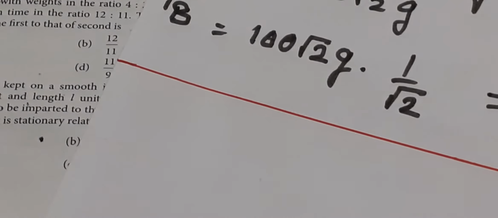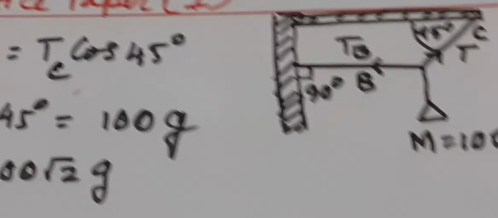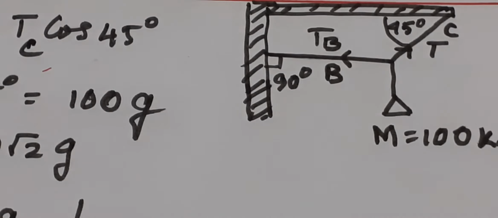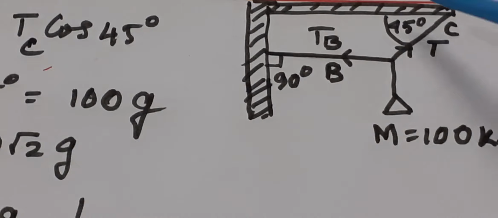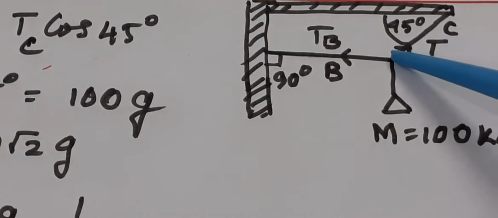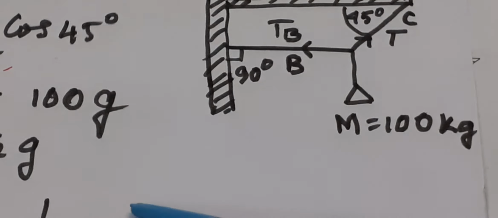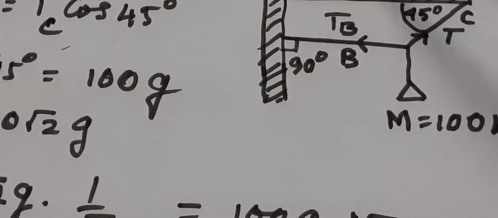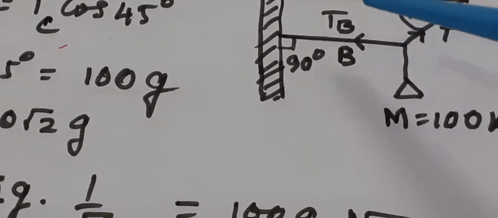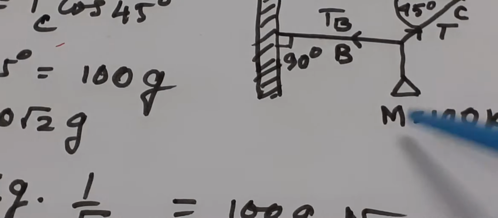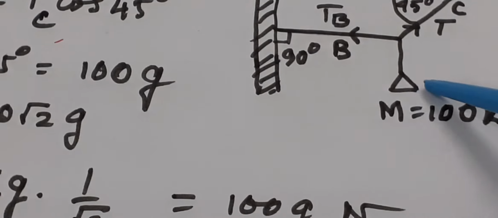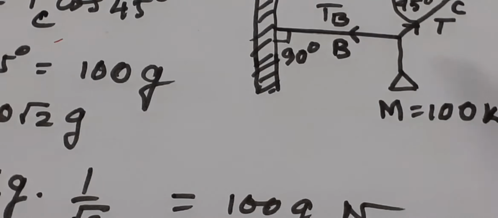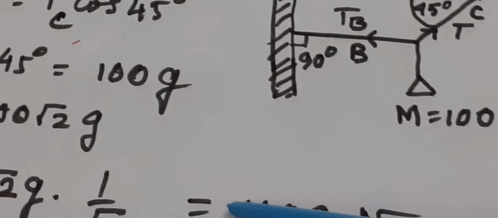You can do it in this way. Break the tension, this slant tension shown here. This angle is given as 45, so T cos 45 will be in this direction and T sin 45 will be in the upward direction. T sin 45 will take care of this mg load, the weight of this mass, and T cos 45 will be equal to TB.